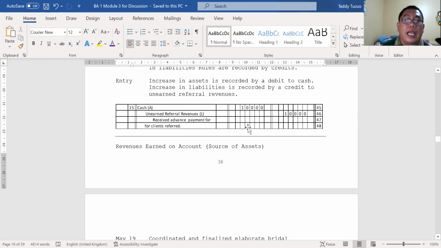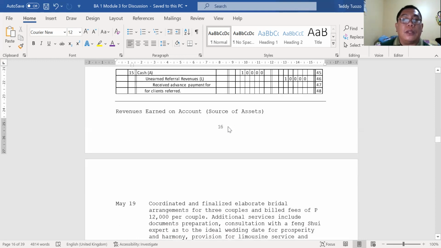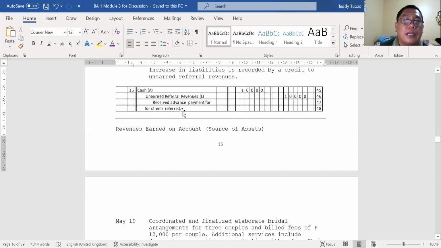The account you will use, class, is referral revenues for all amounts earned from referrals. Take note here, class, I would like to emphasize that if your explanation is too long for the line, you cannot cross over the posting reference and the amount.